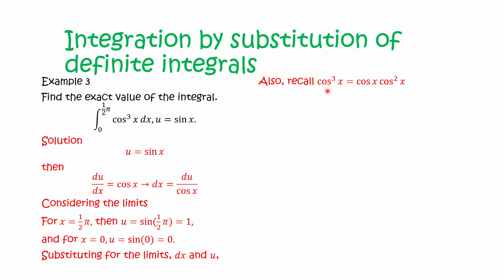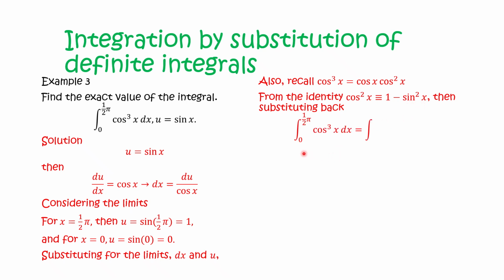Now substituting for the limits, the dx and the u, we are also going to consider something here. Recall, if we have cos cubed x, that can be expressed as cos x times cos squared x. And we also know that we can express cos squared x according to the identity as 1 minus sine squared x.